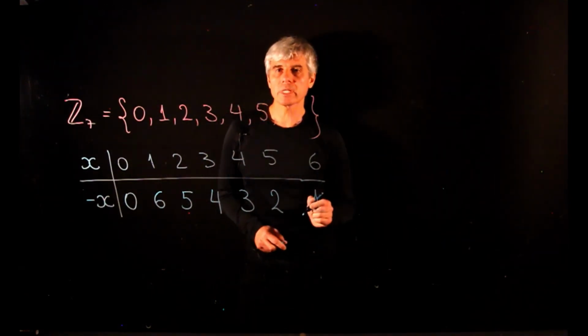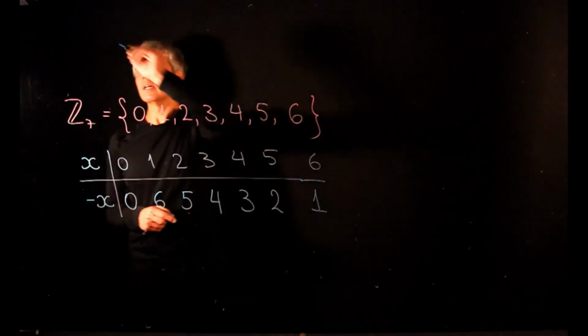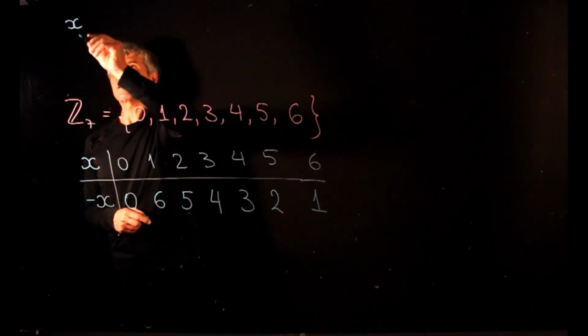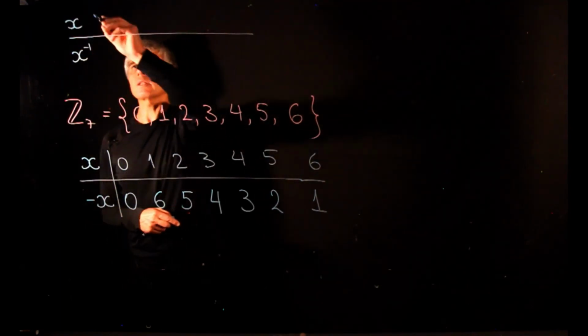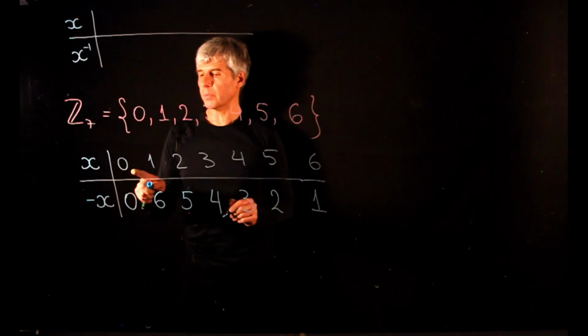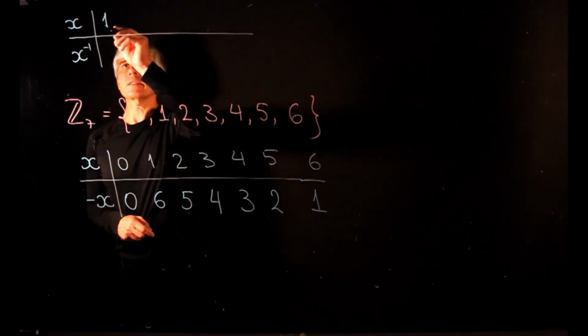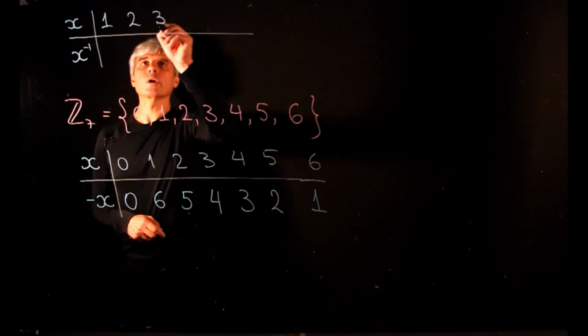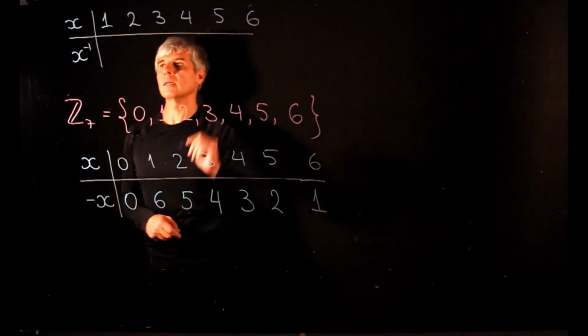We also want to construct the table for inverses in Z7. So let's do exactly the same thing, x and x inverse. The only thing is that for inverses, we start not with 0, but with a 1, because the inverse of 0 is undefined. So we only have to worry about 1, 2, 3, 4, 5, and 6.